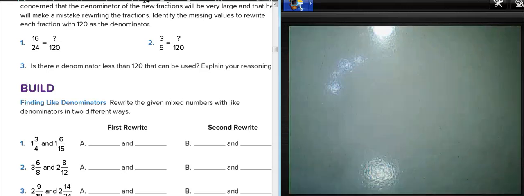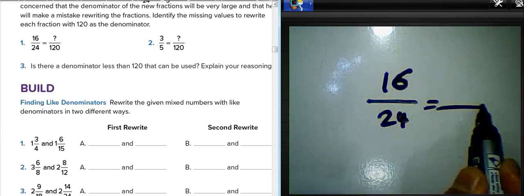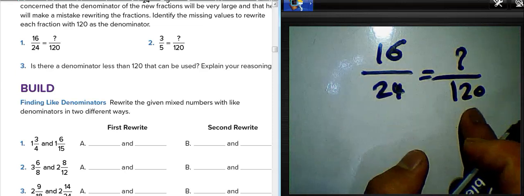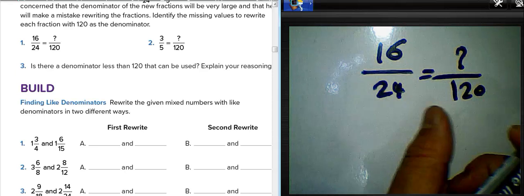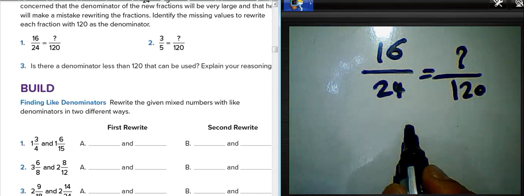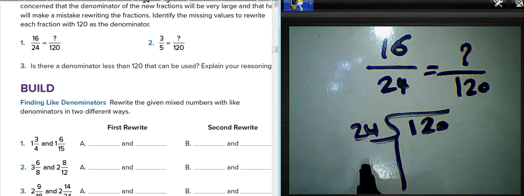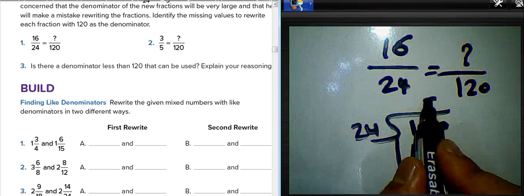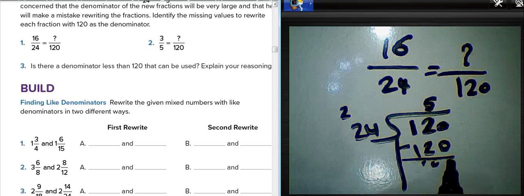Let's solve it another way. We have 16 over 24 equals space over 120. Ask yourself, 24 times what equals 120. 120 divided by 24. 24 times 5: 4 times 5 equals 20, write 0 and carry 2; 2 times 5 equals 10 plus 2 equals 12, so the result will be 120.